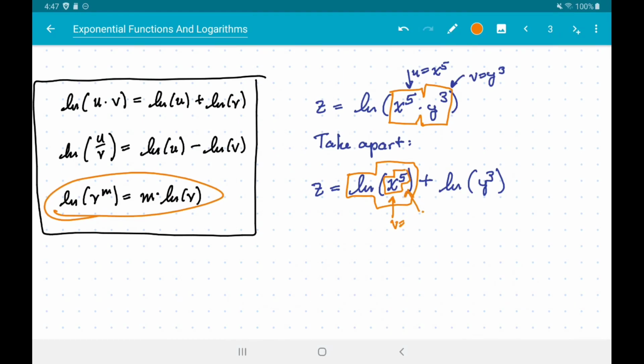Sorry, I wrote the arrow in the right place and then wrote the wrong thing. So now, when I take apart ln of x to the fifth, I'll write 5 times ln of, and then v is x. Okay, so I have rewritten this part of z.